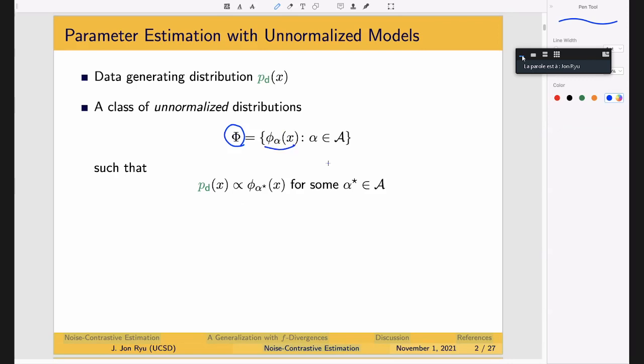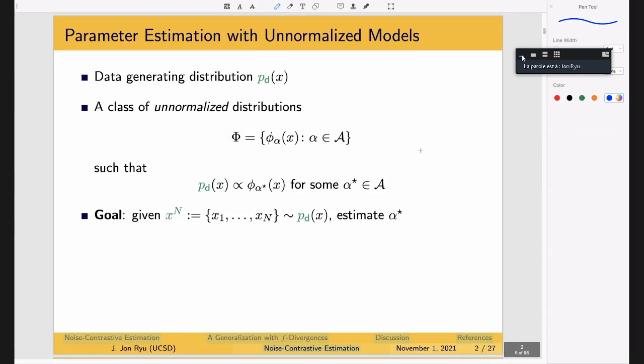We also assume well-specifiedness: there is some parameter alpha star in the parameter set, calligraphic A, such that the normalized version of Phi_alpha star is actually the data generating distribution. In other words, we assume the class of models is rich enough to capture the data generating distribution. This is a simplifying assumption.